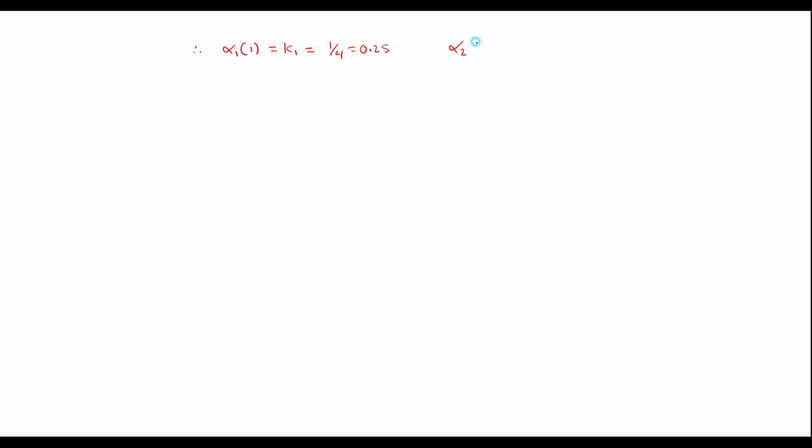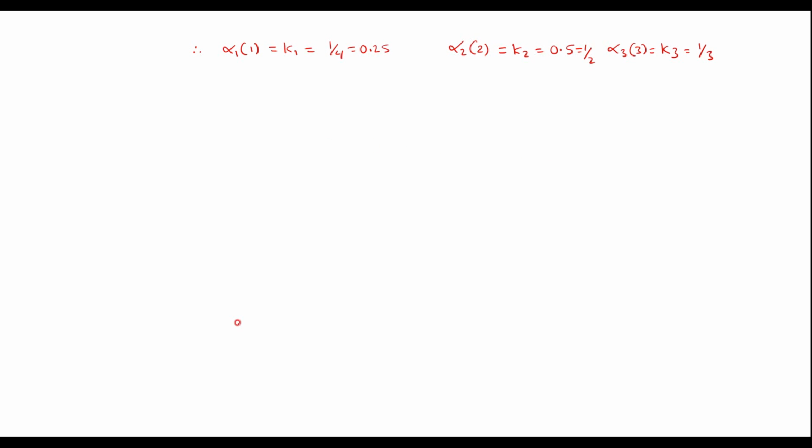Similarly, alpha 2 of 2 is nothing but k2, its value is 0.5, and alpha 3 of 3 is nothing but k3 and its value is 1 by 3.